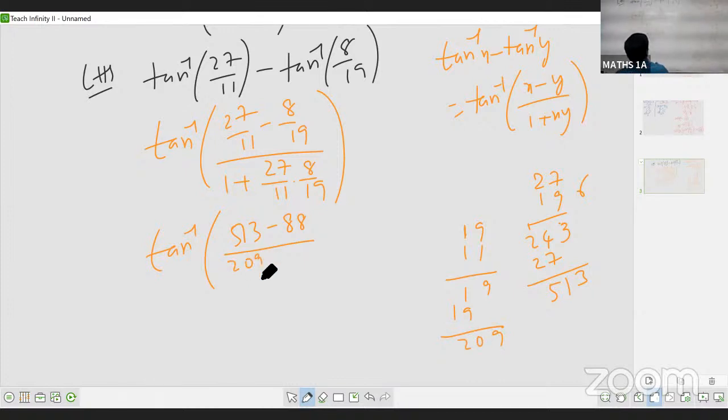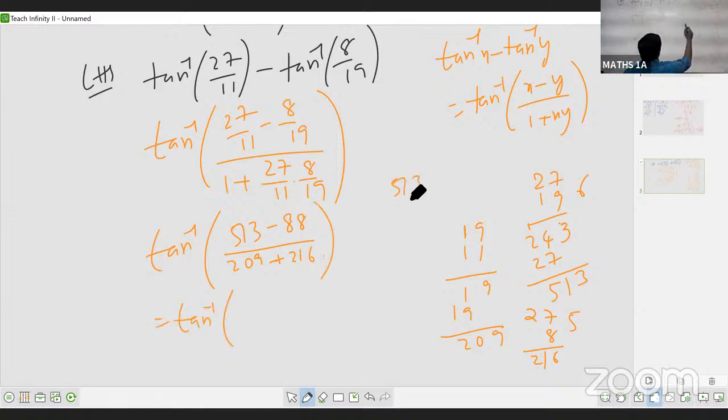So 209 plus 27 into 8. 7 eights are 56, 2 eights are 16, 216. Plus 216. 513 minus 88. Correct? No?